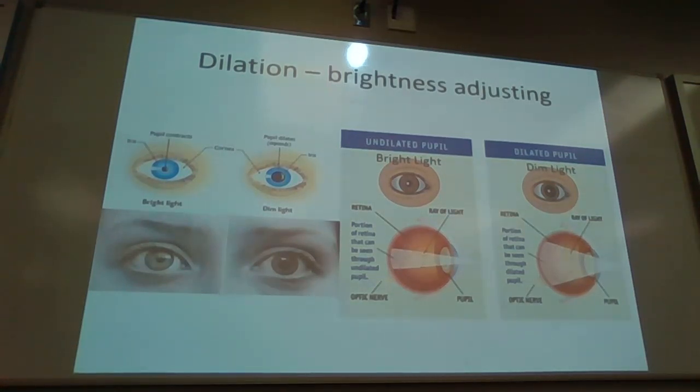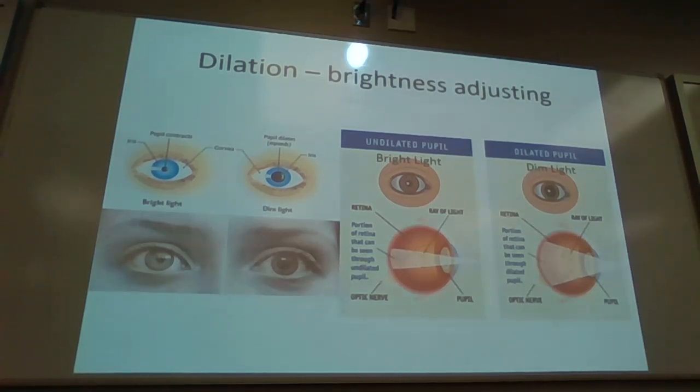Like when you go out on a sunny day, it's like, oh, so bright, and your pupils are constricting to let in less light. But then when you go back inside, everything's all fuzzy, gray, bluish, and you're trying to see, and your pupils are going to dilate to let in more light.